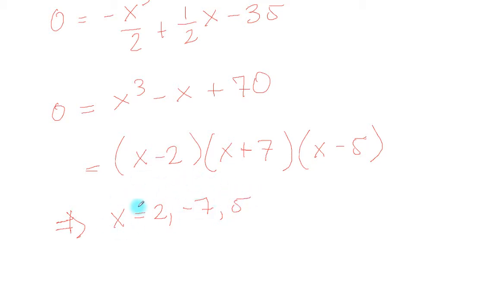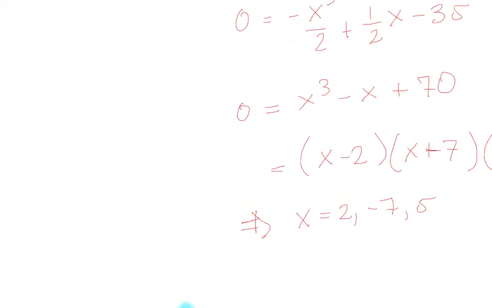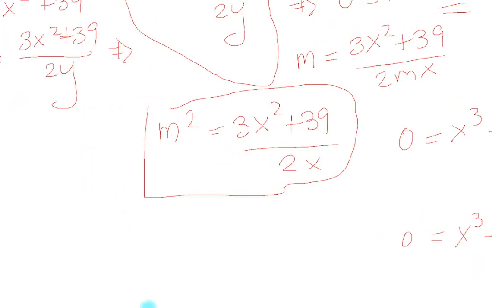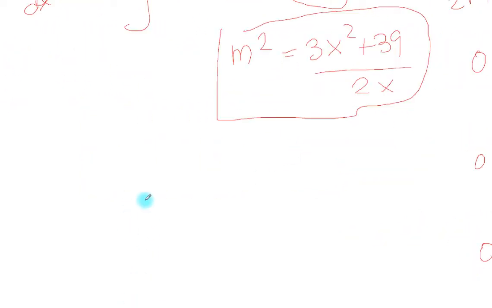Now let's plug in these three values into the formula for m squared to get m. So for m1, we get 3 times 2 squared plus 39 over 2 times 2.